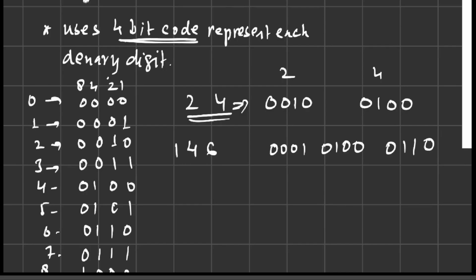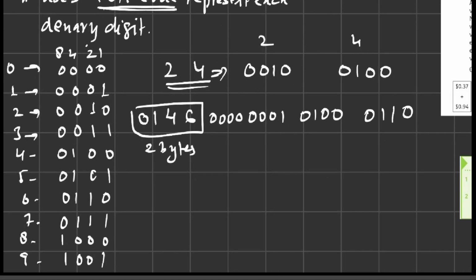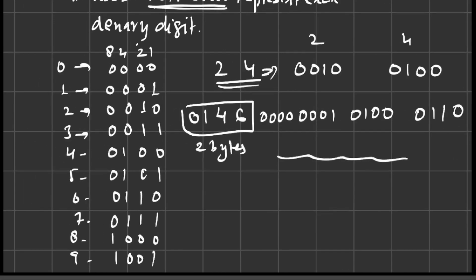As I said, the 4-bit code, so to represent the 4-bit, we will have 1 byte, and we can't have 1.5 bytes, so we will put 0 here. So this makes it 2 bytes. All right. So we can represent it like this. So this is the representation of 0146. This is how binary coded decimal numbers are represented. I hope it is clear.